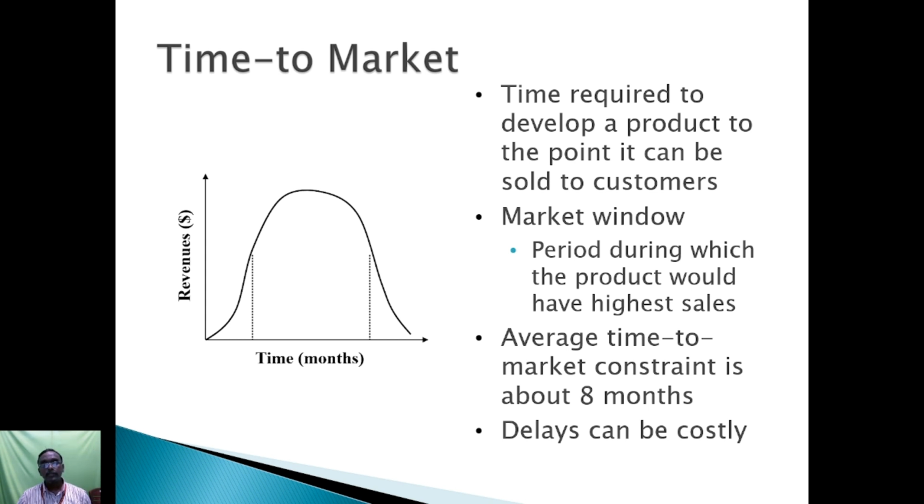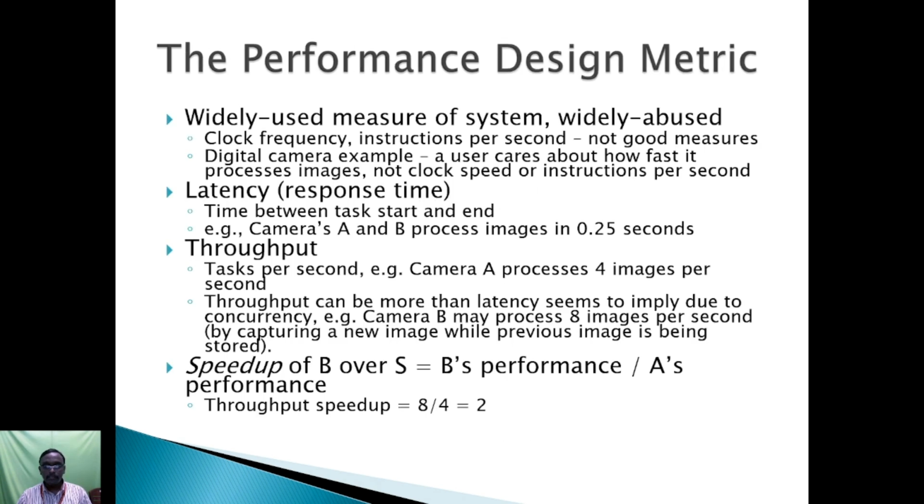Next is the market window, the period during which the product will have the highest sales. The average time to market constraint is about 8 months. Delay can be costly, so it depends upon the time to market.